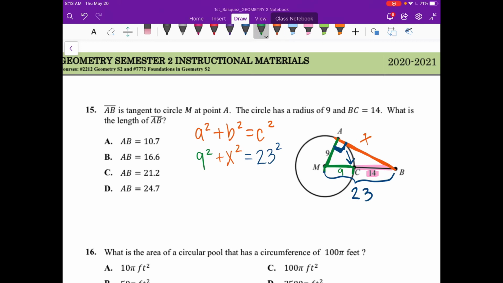When we're solving for x squared, we're going to subtract the 9 squared over first. Now, it is very important that you enter that in the calculator using the squared. This does not mean that you take 23, subtract 9, and then square that answer. It means that you are entering 23 squared minus 9 squared. When you do that, you should get 529. So please pause the video and make sure you can get that answer on your own.